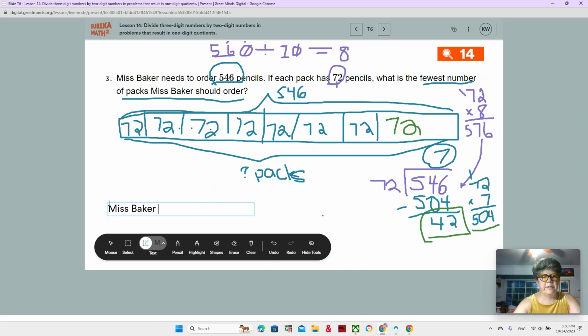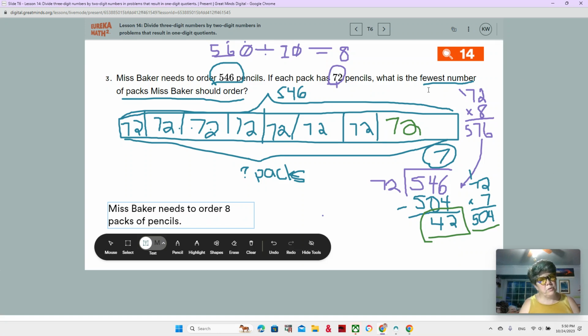Miss Baker needs to order 8 packs of pencils. All right, do you understand that? We are saying because there's 42 left over, it's not really left over, right? It's 42 that we still need.